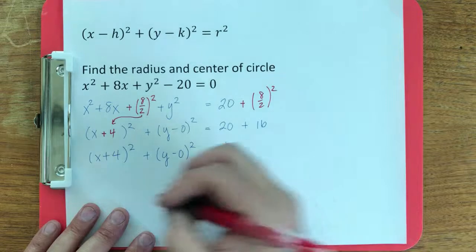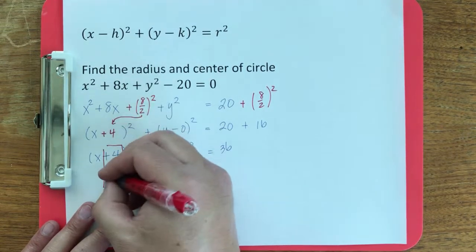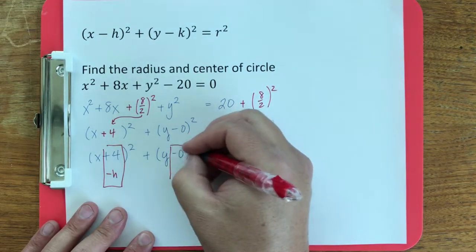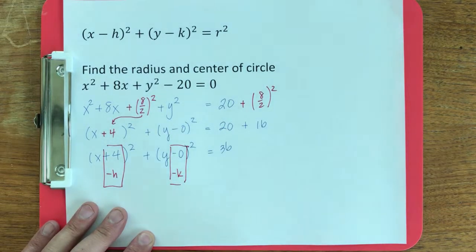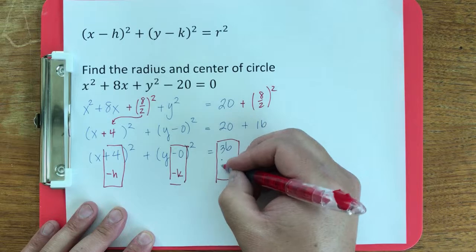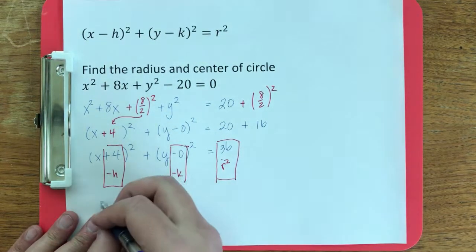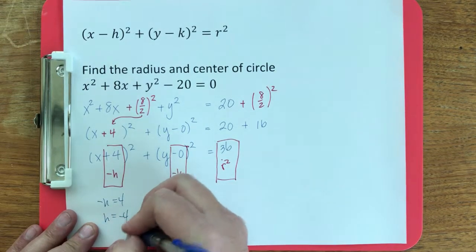So if we remember, this right here is going to be equal to minus h when we do the pattern matching. This right here will be equal to the minus k if we do the pattern matching. And this right here will be equal to r squared if we do the pattern matching. So if I have minus h is equal to 4, h is equal to negative 4.